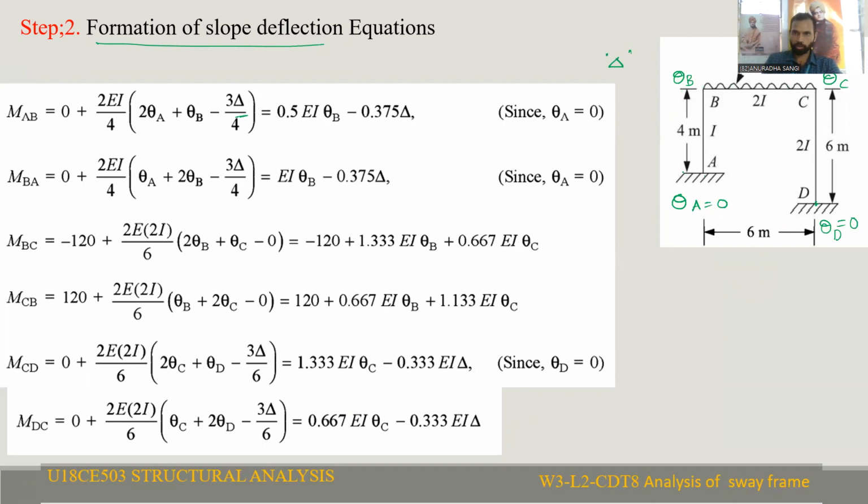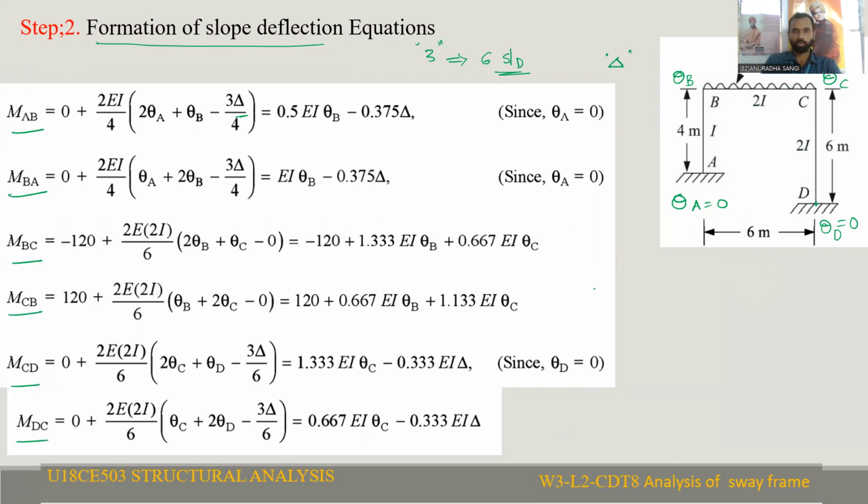Now we need to develop the slope deflection equations for all the three spans. We have three spans, which means we can develop 6 slope deflection equations. They are MAB, MBA, MBC, MCB, MCD and MDC.